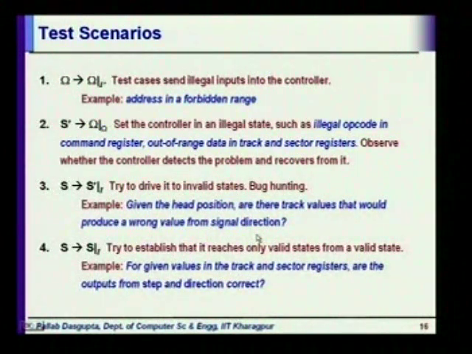And have you heard of the elevator algorithm, which is typically used by the disk controllers? What it does is, in an elevator, as the access requests for the disk come. So, have you seen how the elevator works? Suppose you have an elevator and you want to go up.